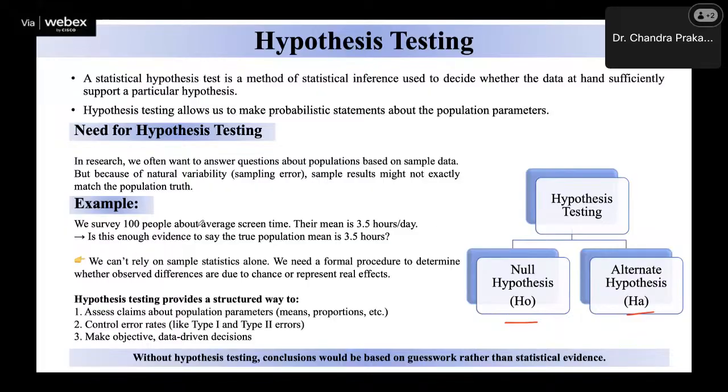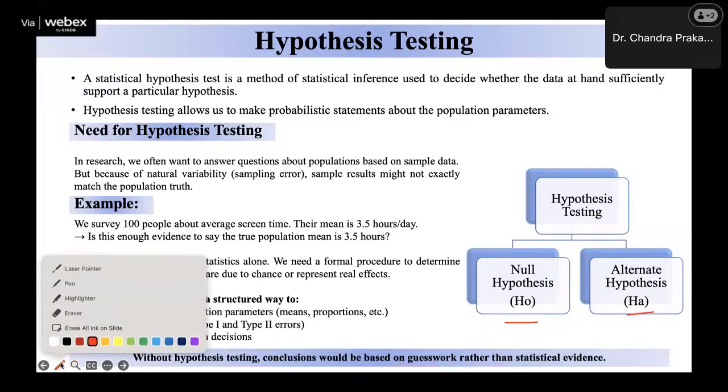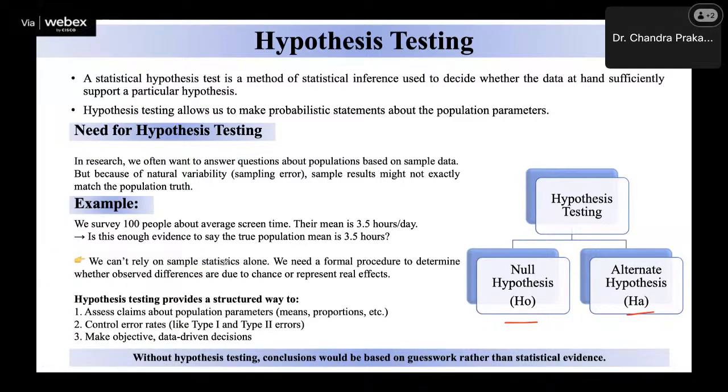So we survey 100 people about average screen time. Their mean is, let's say, 3.5 hours per day. And then we need to see, is this enough evidence to say the true population mean is also 3.5 hours? So we cannot rely, as I told you, on a simple statistic alone, right? We need a formal procedure to determine whether the observed differences are due to chance or represent a real effect.